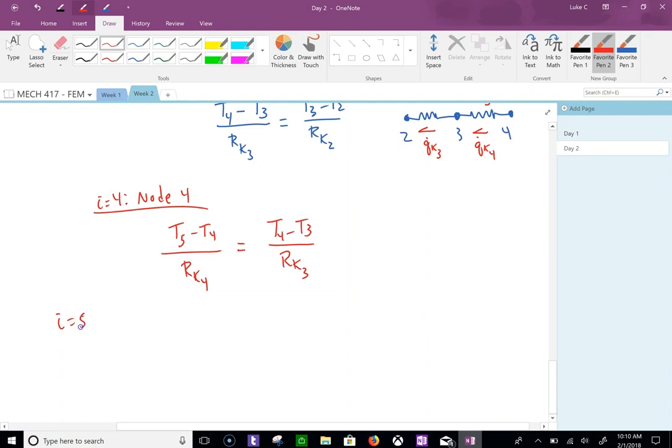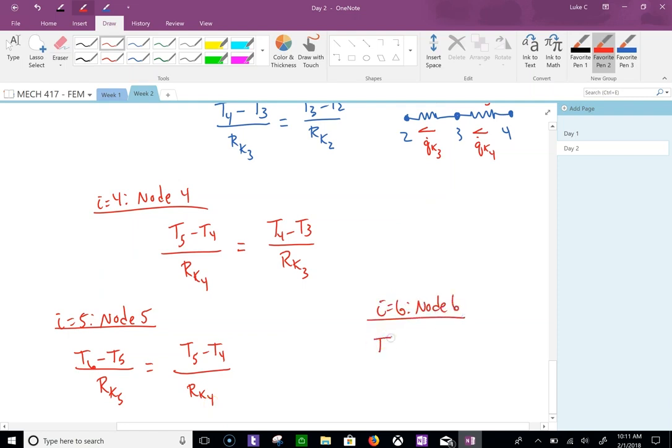And I'll do them right here, side by side. T6, 5, yep.